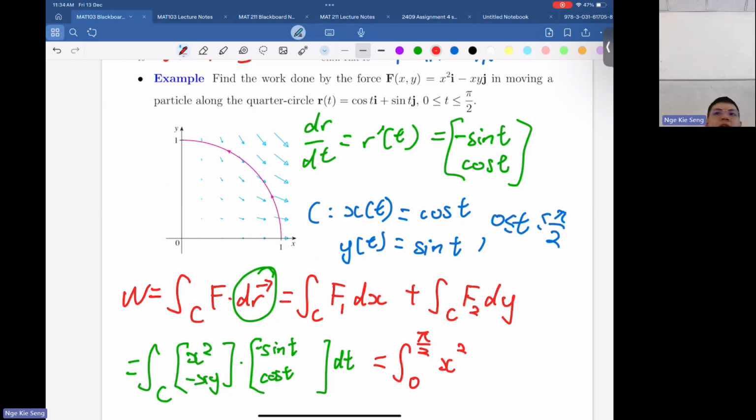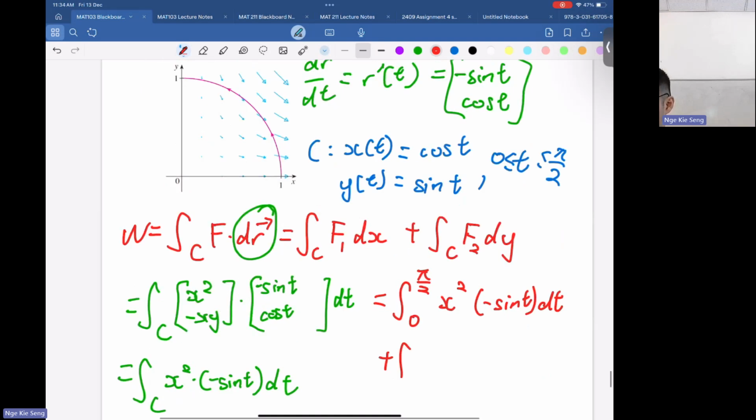Remember, when you change to dx, what do you do? Yes, there's an x prime t dt. So x prime t dt in this case is minus sine t dt.